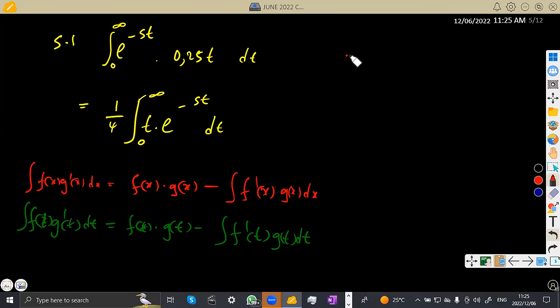So our f of t is going to be represented just like f of x. This will be our f of t, which is t. So we need the first derivative with respect to t, which is a 1.